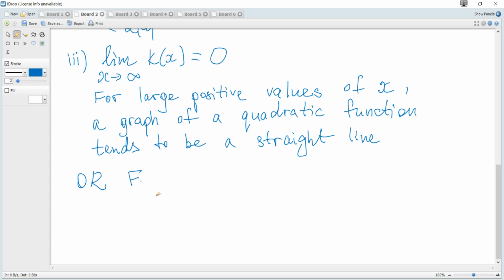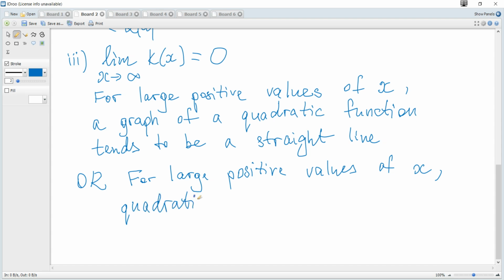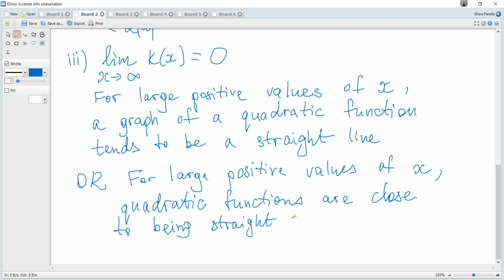Oh sorry, it is given in the mark schemes that for large positive values of x, it's the answer from the mark schemes: quadratic functions are close to being straight.